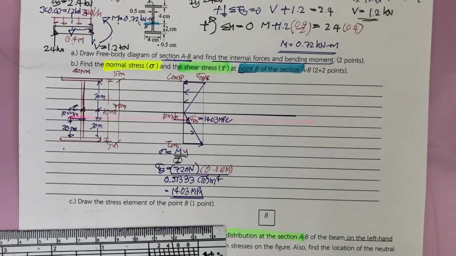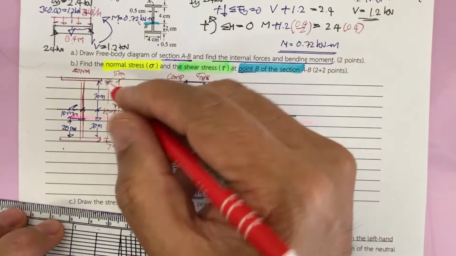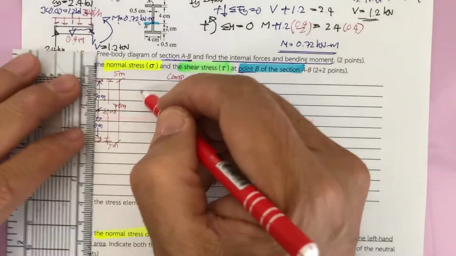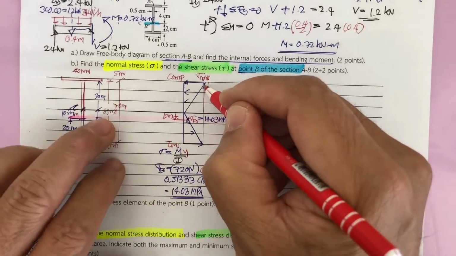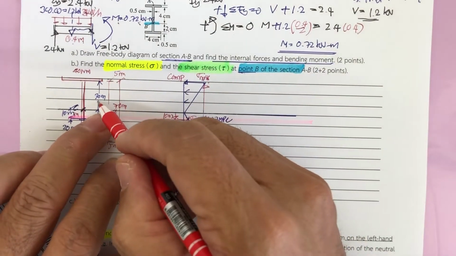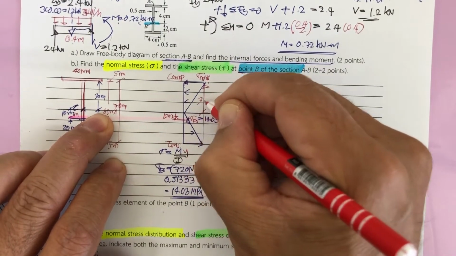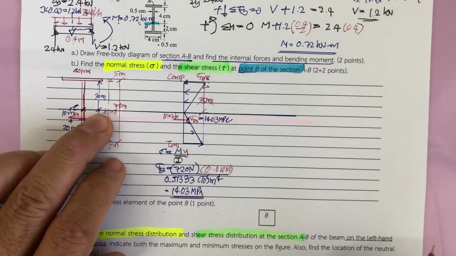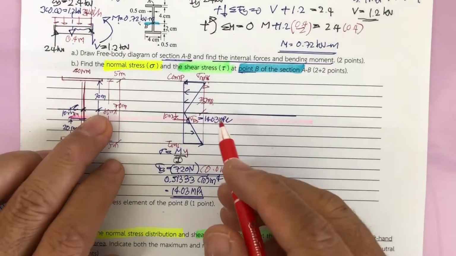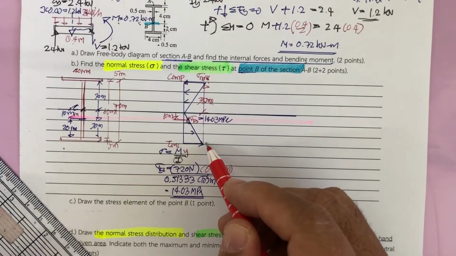Also, if you would like to find the sigma max, can you find it here? Sure. You measure from this point to this point for the y. That is 30 millimeter and 5 millimeter, which means you measure 35 millimeter. You also can use the triangle to determine it.